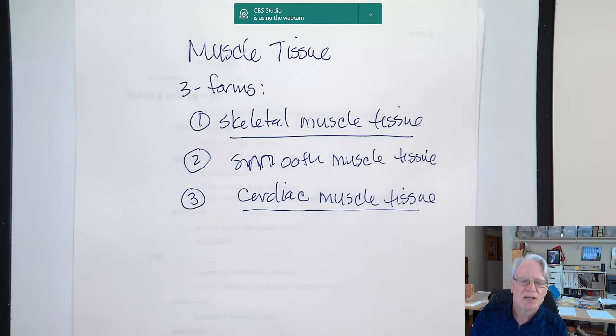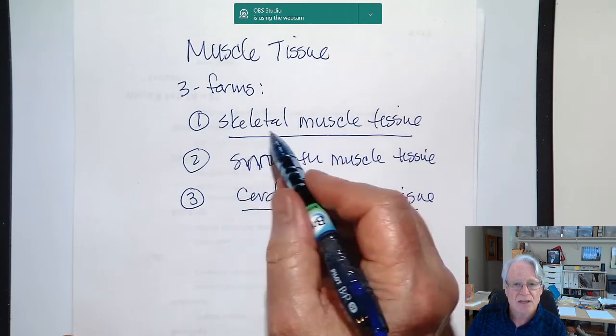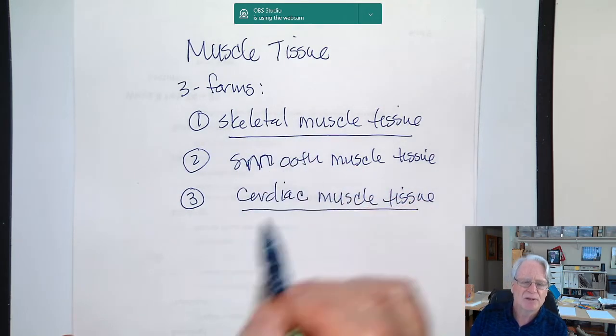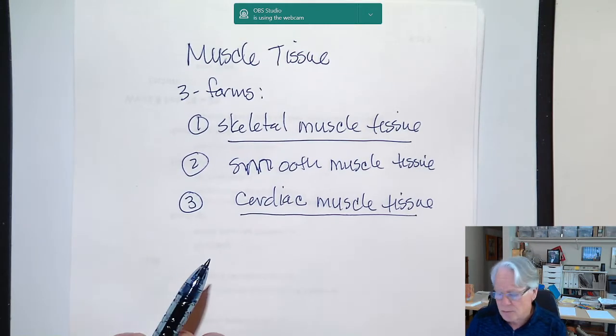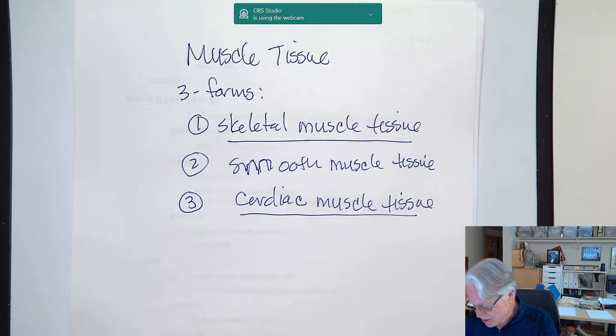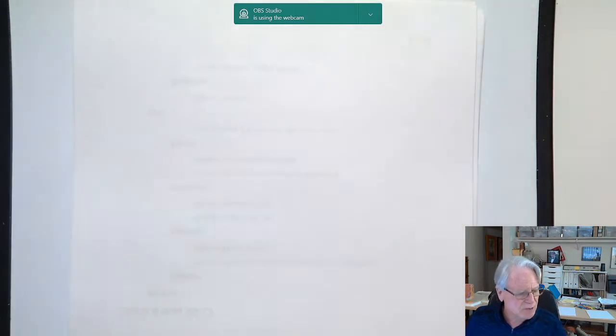We're going to talk a little bit about it more in lecture, but we're going to really focus on skeletal muscle tissue when we talk about muscle tissue. This in 40A, smooth muscle kind of gets the short end of the stick. So I'm just going to show you some images and discuss while I'm showing them to you how you can distinguish between the various types of muscle tissue.